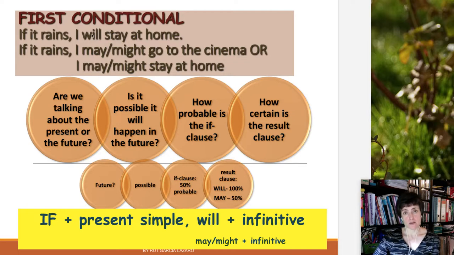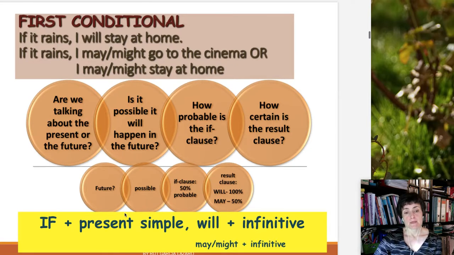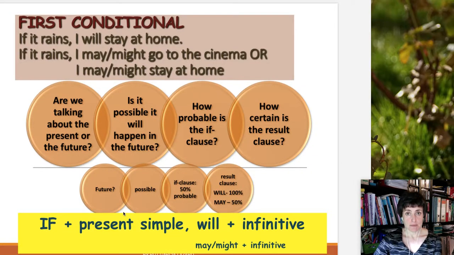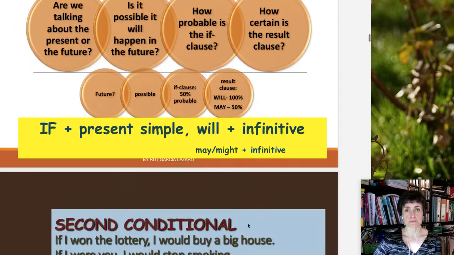If I use will, it means that I'm sure about what will happen, and if I use may or might, it means that I have different choices, different things to do. The structure is if plus present simple, and then will, or may or might, plus an infinitive, of course, because will, may, might are always followed by an infinitive.